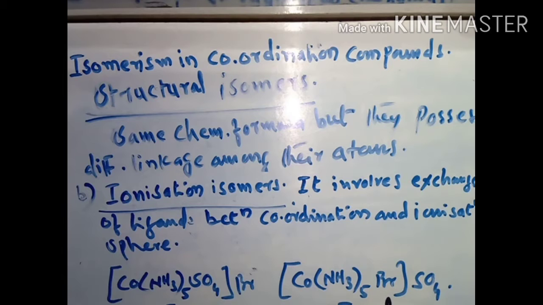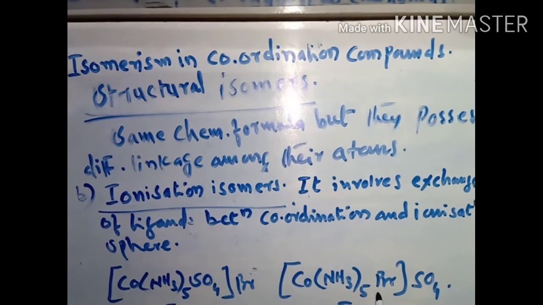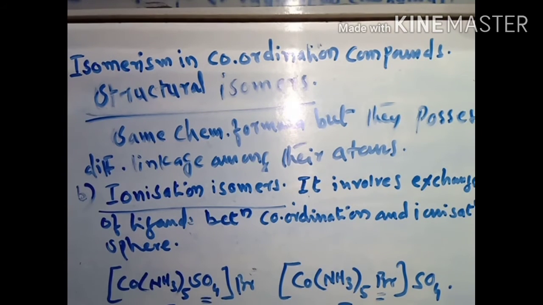In the first complex, SO4 is present in the coordination sphere, while in the second case Br is present in the coordination sphere. This is the difference between these two complexes.